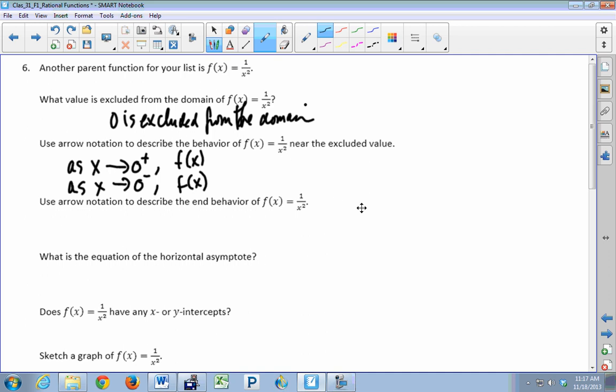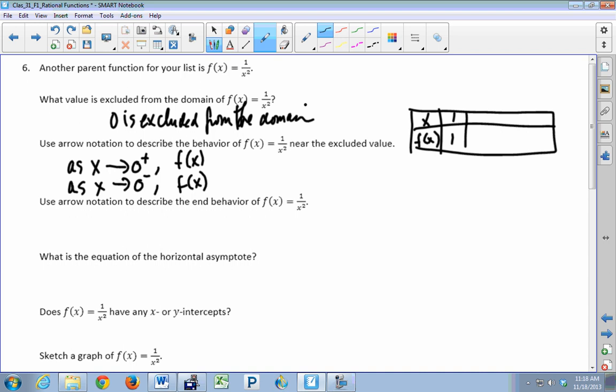So let's do a little table, just like we did before. We're going to start with 1, and 1 over 1 squared is 1. Now we put in a half, and we get 1 over 1/2 squared, which is 1 over 1/4, which is 4. We put in a tenth, and we get 1 over 1/10 squared, which is 1 over 100th, which is 100.